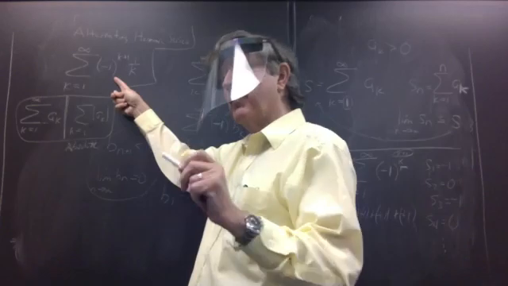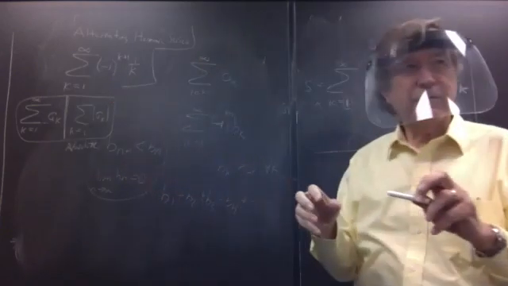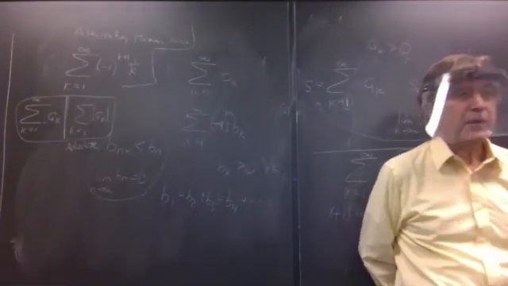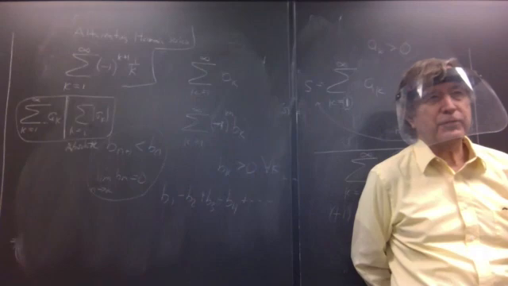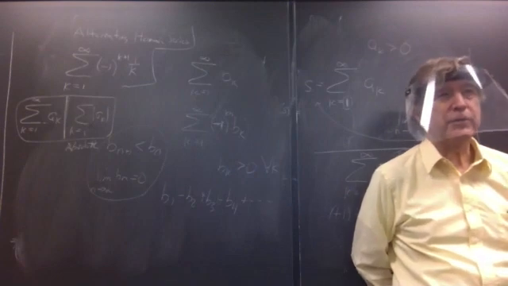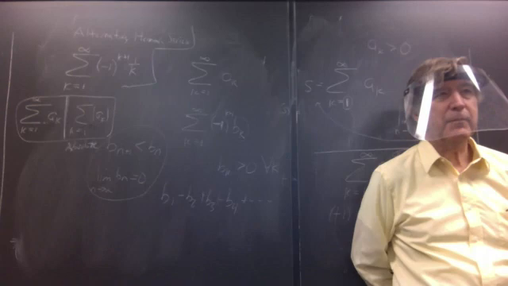That's the converse of, see, if the absolute value series converges, then the original series converges. The converse of that is if the original series converges, then the absolute value series converges. That is false. The converse of that conditional statement that I made a minute ago is false.